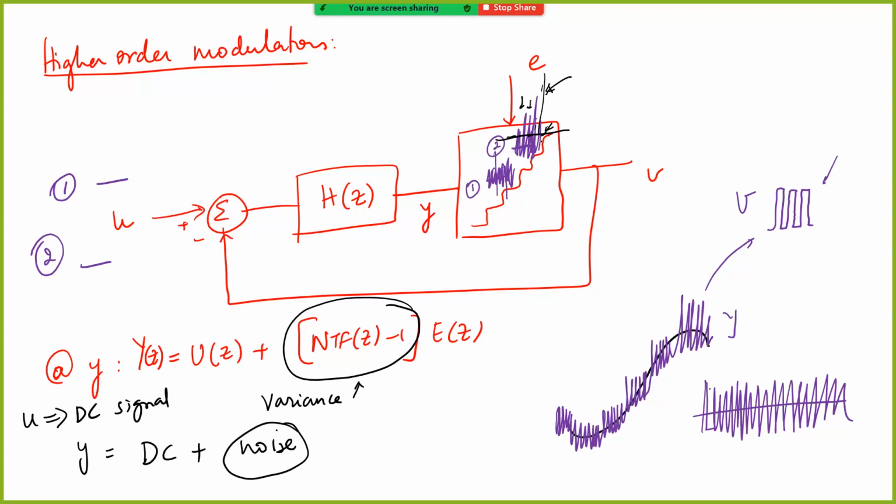Which means that the amplitude of this noise riding on top of your signal is going to become larger and larger as you increase the order of your delta sigma modulator. Let's say for a third order delta sigma modulator, if you're here, it goes into instability.